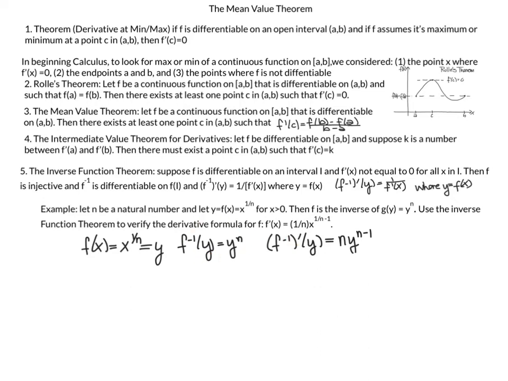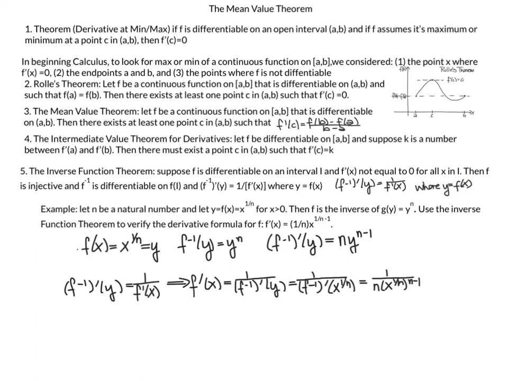So f inverse prime of y is equal to n times y to the n minus 1. And I want to use this now to find the derivative of f of x, or f prime of x. My theorem gives me a formula for the derivative of the inverse, but I want the derivative of the function f. So I just took this formula here, and I rewrote it.